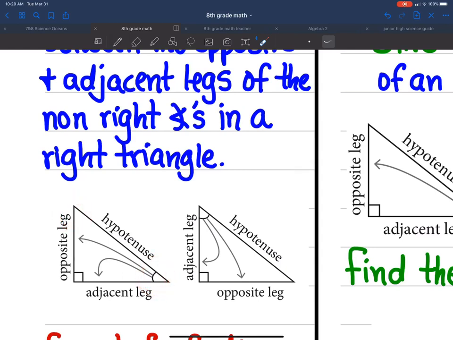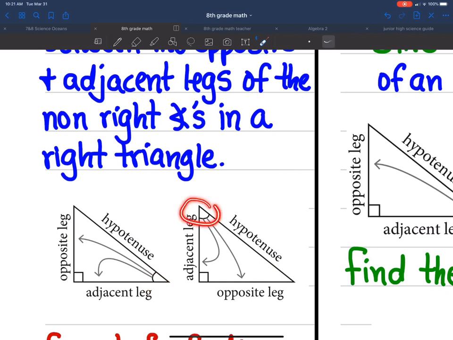Each one of these angles here has several ratios that go along with them. The first one we saw was the tangent. And we said that the tangent is found by dividing the value of the opposite leg by the value of the adjacent leg within the triangle, at least for this angle here.